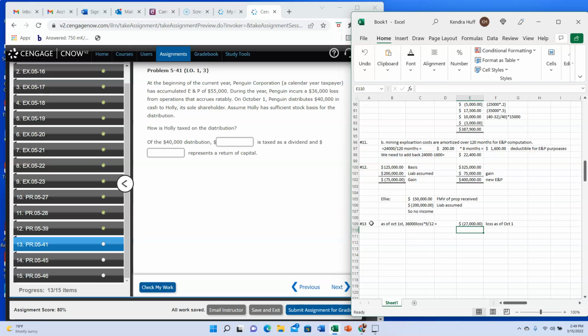All right, and then they had 55,000 accumulated E&P. Oh my gosh. All right, so that's the accumulated E&P at October 1st.